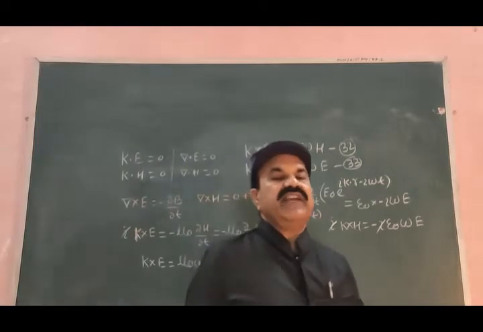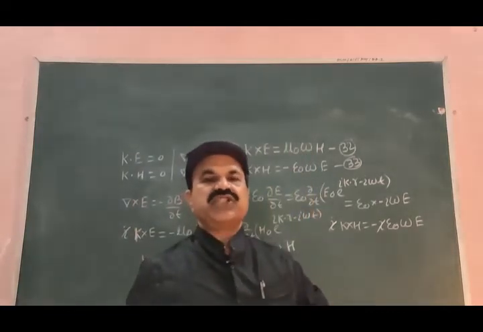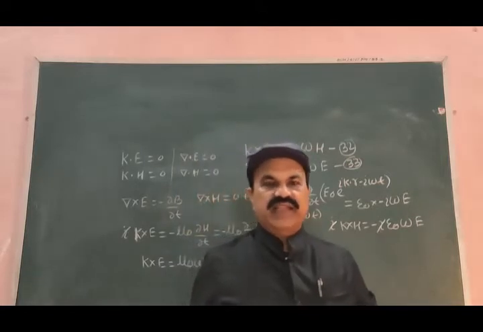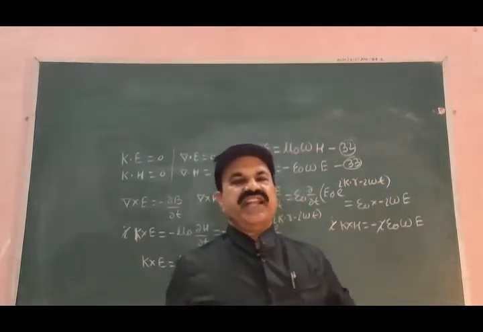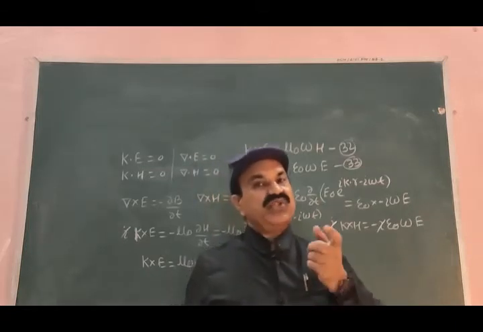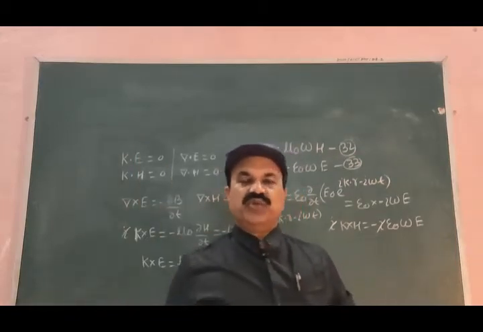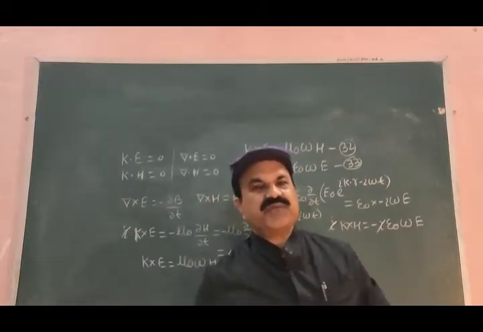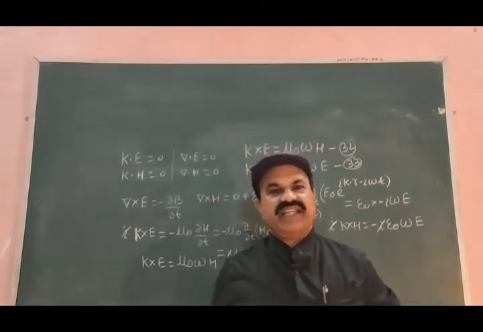It means that whenever we consider propagation of a plane electromagnetic wave, its electrical and magnetic component E and H are perpendicular to each other and also perpendicular to the direction of propagation of the plane electromagnetic wave.